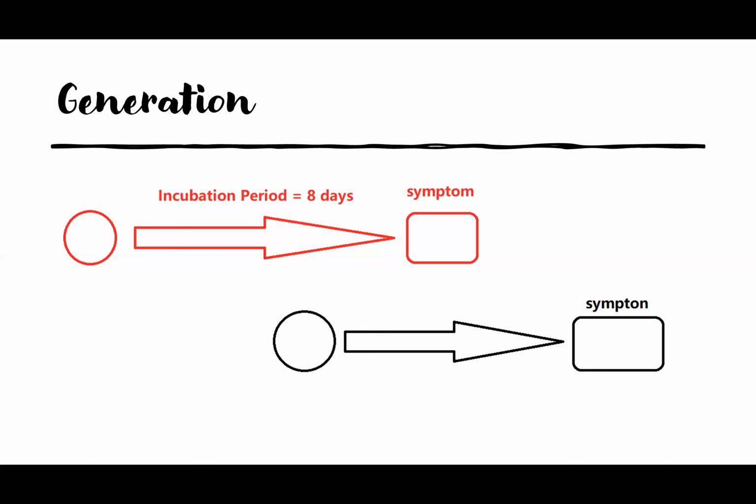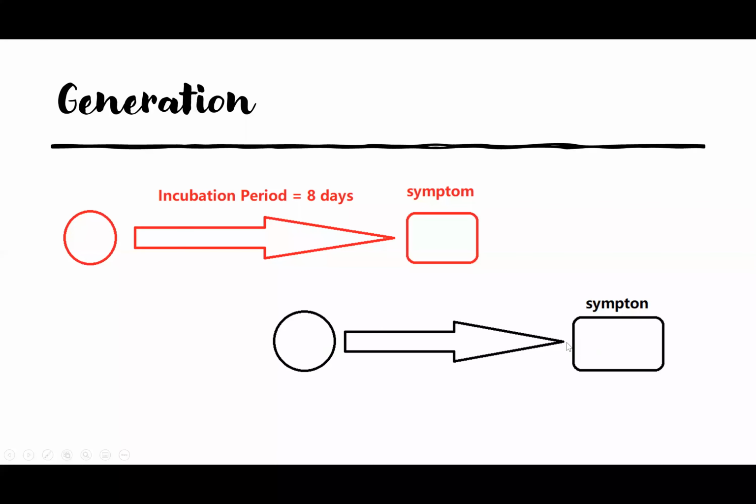So the red circle means person A, and the black circle means person B. A gets the virus, it's asymptomatic, so it doesn't show any symptoms. He is just going around freely, and then he meets B during his incubation period, and spreads the virus to B. And then B also has an 8 day incubation period, and after 8 days of incubation, B shows symptoms.